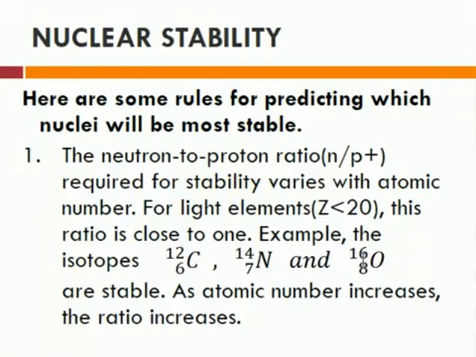Again, the mass number is equal to the number of protons plus neutrons, and the atomic number is equal to the number of protons. For carbon, the atomic number is 6, so the number of protons is 6. If we subtract 6 protons from the mass number, we get the number of neutrons: 12 minus 6 is 6. The neutron to proton ratio is 6/6, so that is 1:1. The same is true for oxygen.